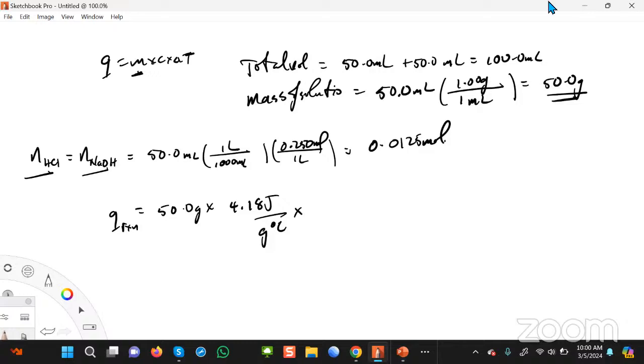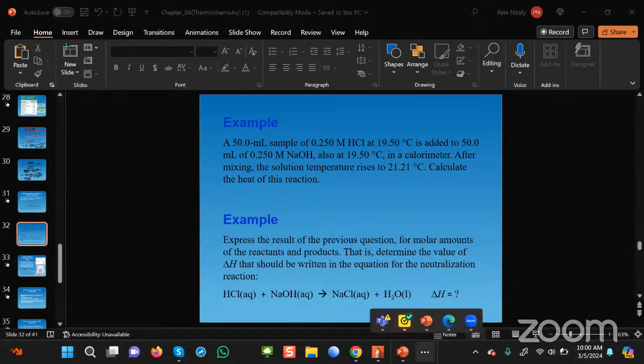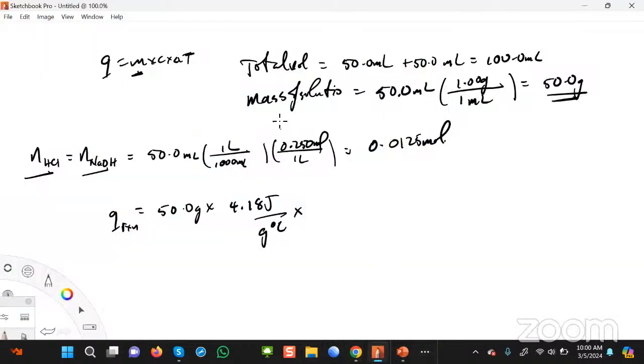Now, what is the temperature change? According to the question, the temperature was 19.50 degrees Celsius before, and it increases to 21.21 degrees. So that's 21.21 degrees Celsius minus 19.50 degrees Celsius.